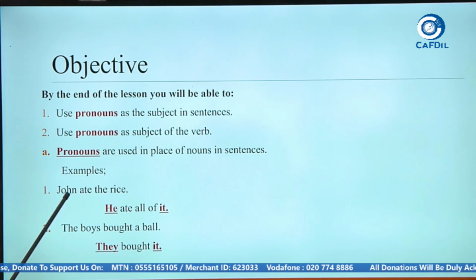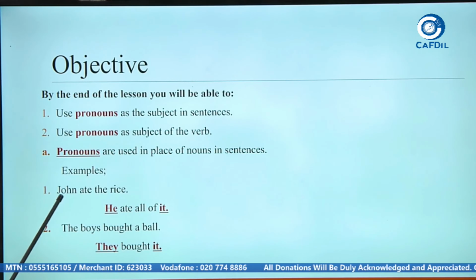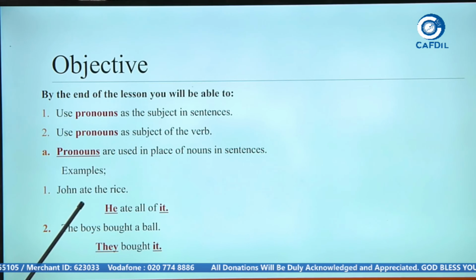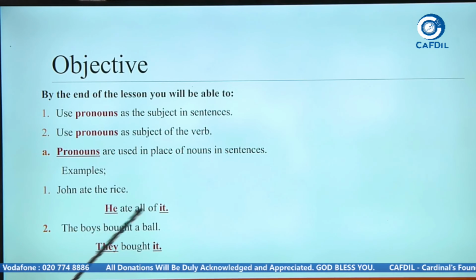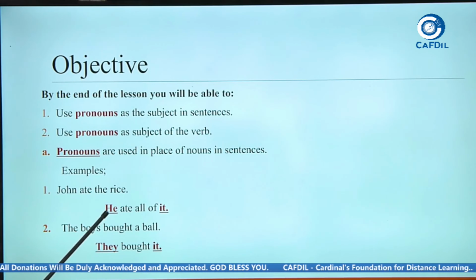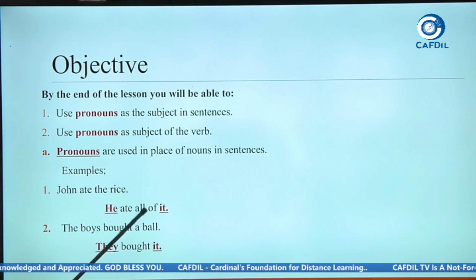John is what? A noun, being the subject of the sentence. Now we are going to change John to a pronoun. What should we write? He. He ate all of it. He, being the pronoun, is used in place of John. So we say he ate all of it.